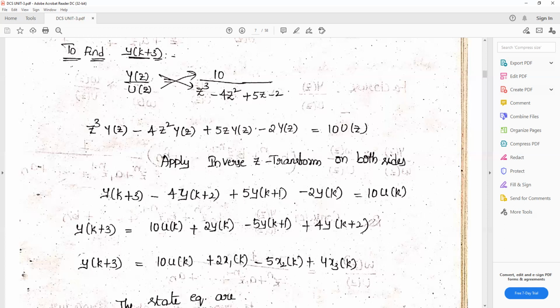Z cube into Y of z is y of k plus 3, z square is y of k plus 2, z into Y of z is y of k plus 1, and Y of z is y of k. In this way, the z domain is converted to the k domain.